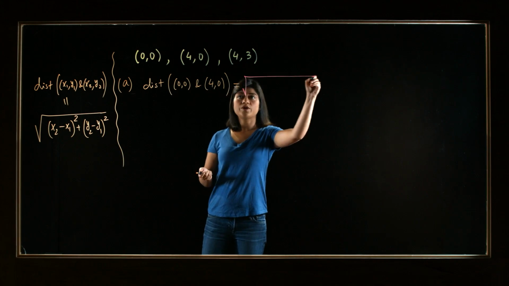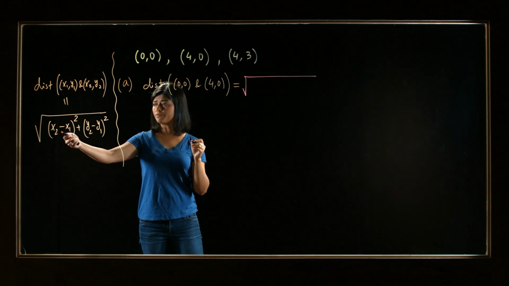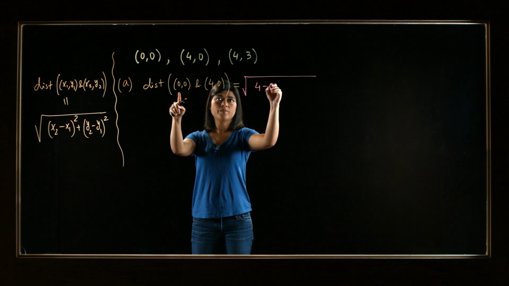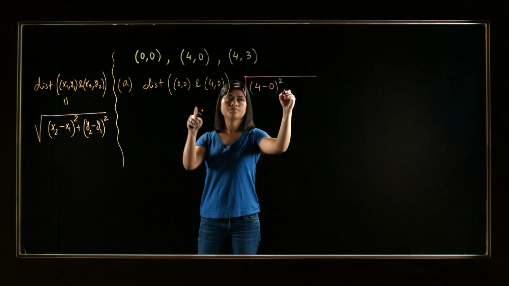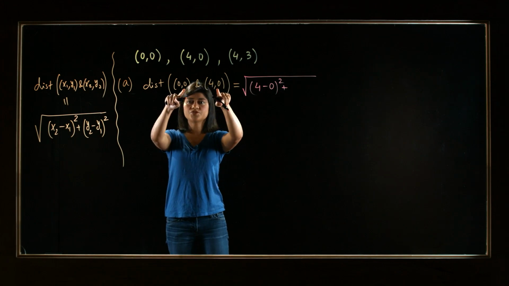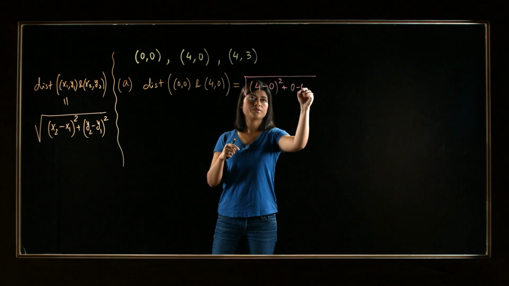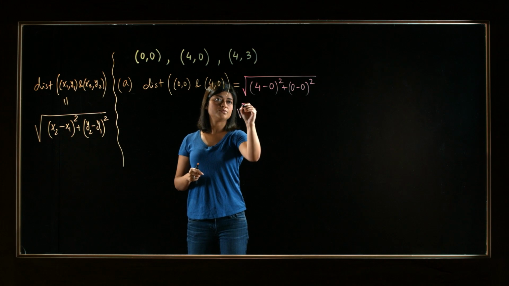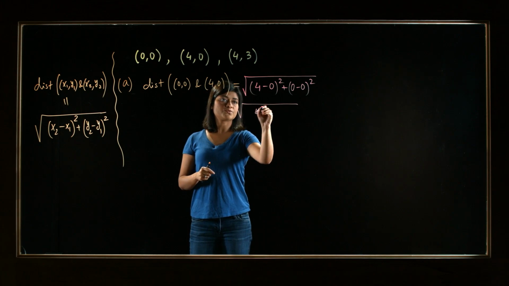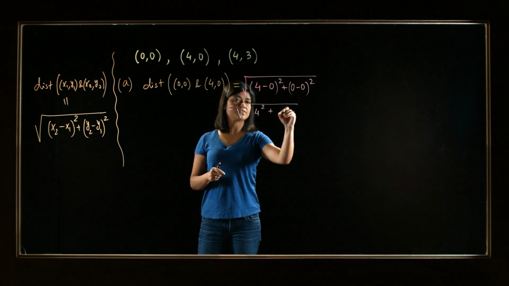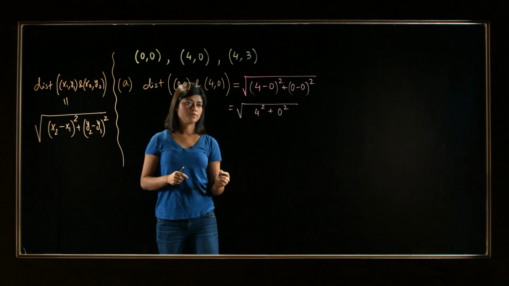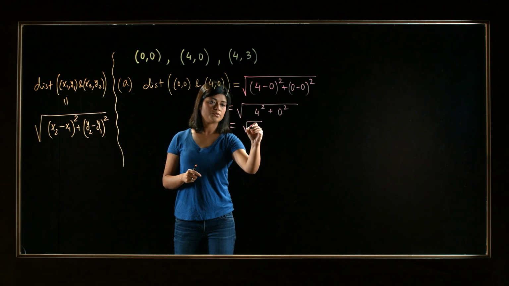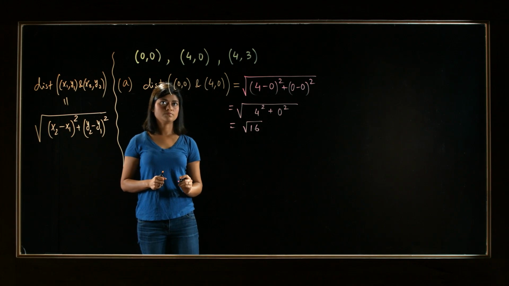This is square root of, you have to subtract the 2 x coordinates, 4 minus 0, and then square them, and then add the difference of the 2 y coordinates square. Okay, so this is equal to 4 square plus 0 square. So this is equal to square root of 16.